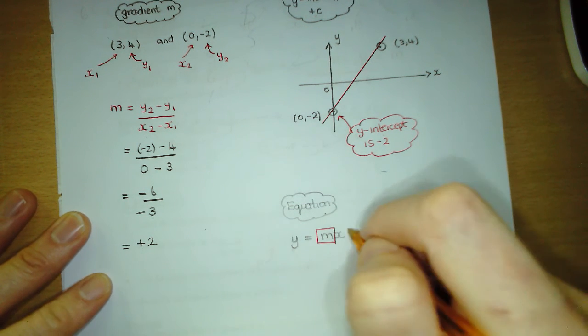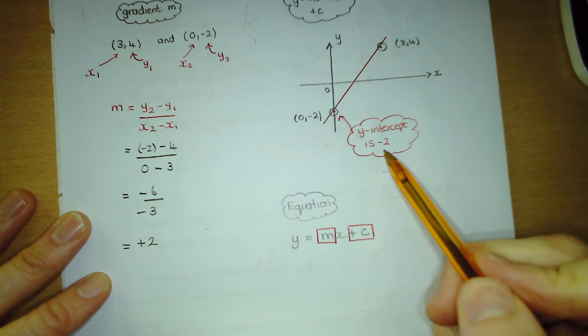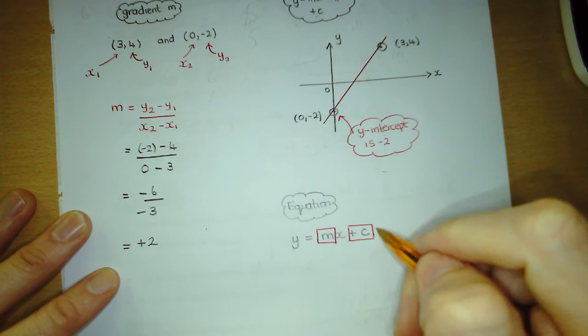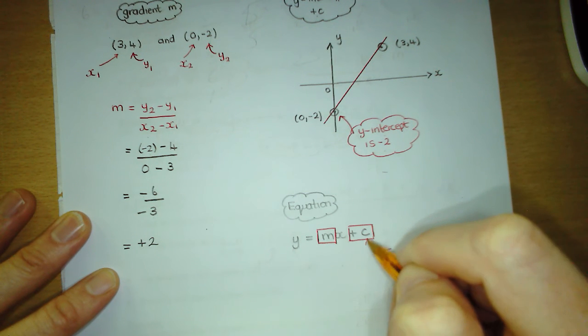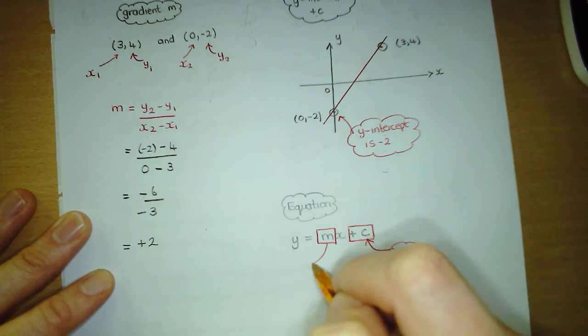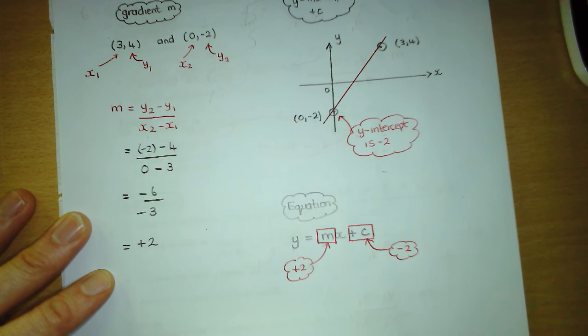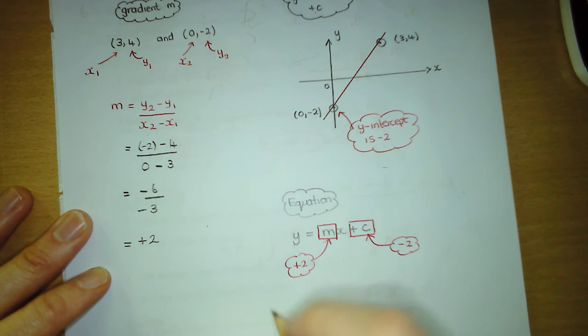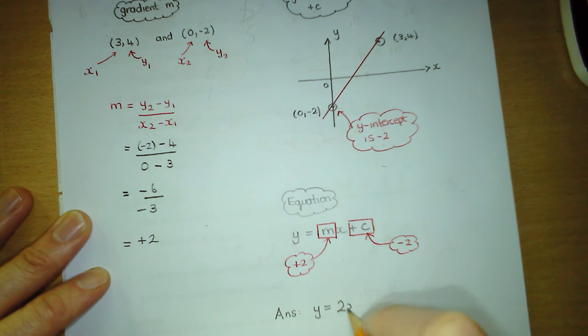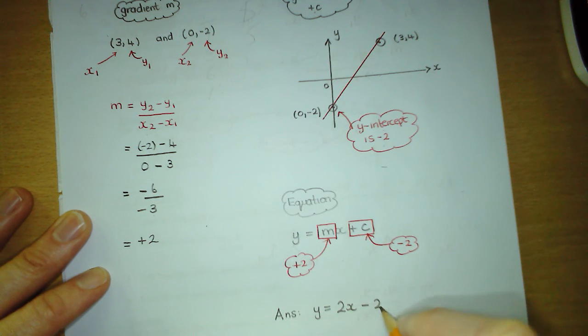And we're going to replace the y-intercept plus c with what we calculated it to be. So the y-intercept plus c, that was -2. And the gradient was plus 2. So we're now in a position to write down our final answer. So the equation for the straight line is y equals 2x minus 2. And that's it.